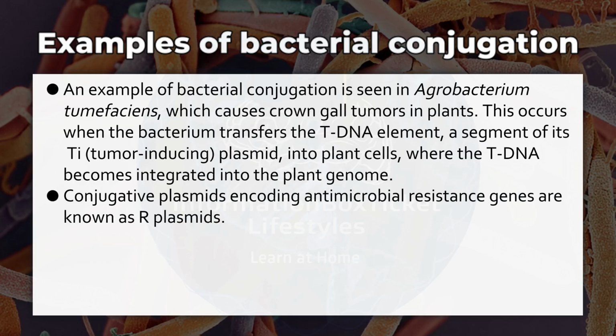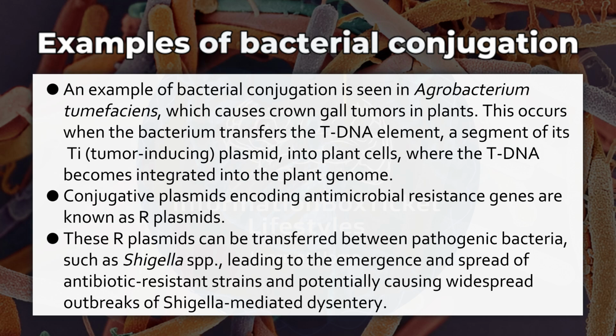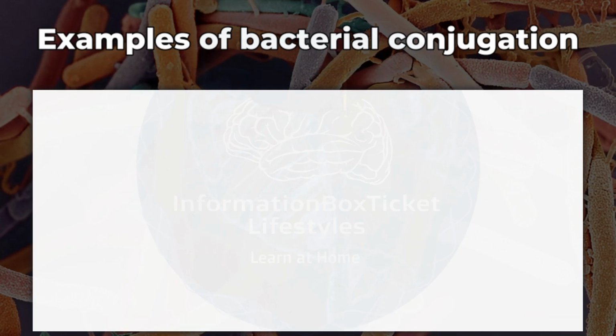Conjugative plasmids encoding antimicrobial resistance genes are known as R-plasmids. These R-plasmids can be transferred between pathogenic bacteria, such as Shigella species, leading to the emergence and spread of antibiotic-resistant strains and potentially causing widespread outbreaks of Shigella-mediated dysentery.